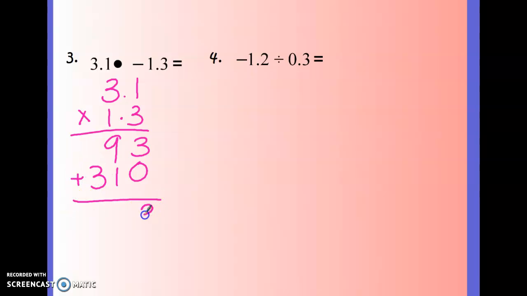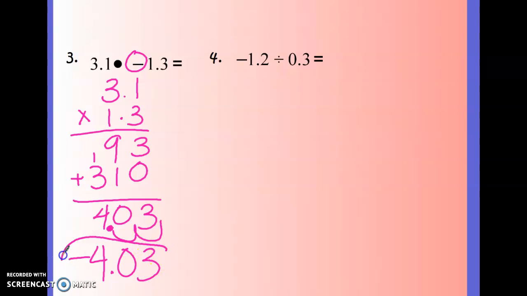Add together. 10, carry my 1, 4. Count my places. I have 1 and 2, so I'm moving over 2 times. My decimal goes here. I have only one negative again, so my answer would be negative 4 and 3 hundredths.